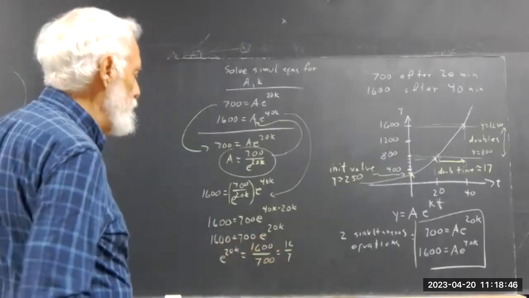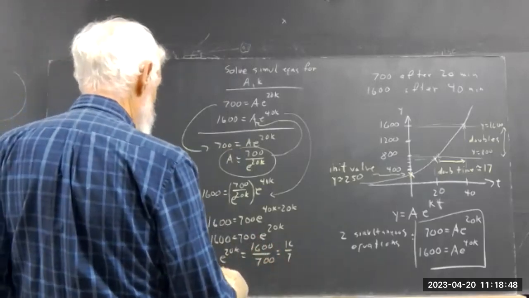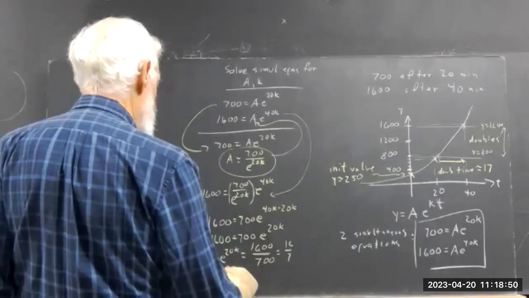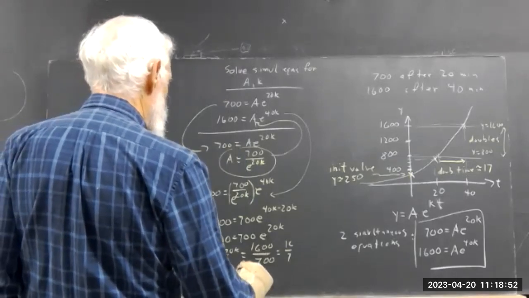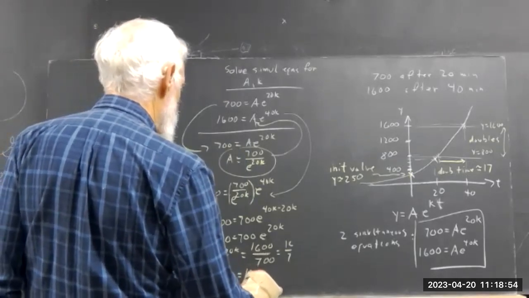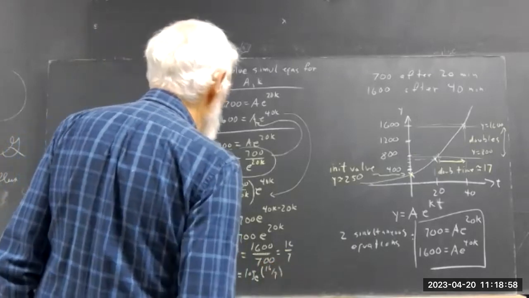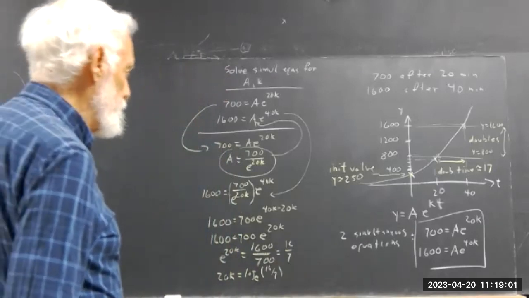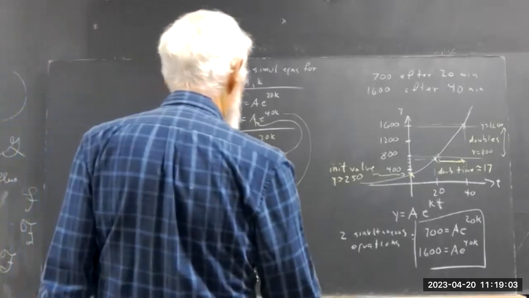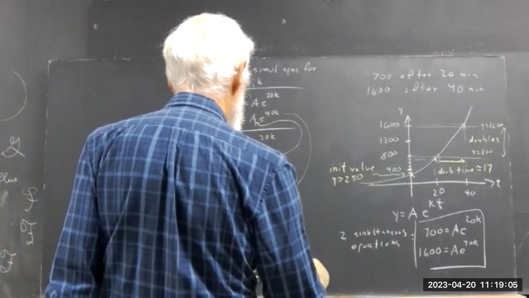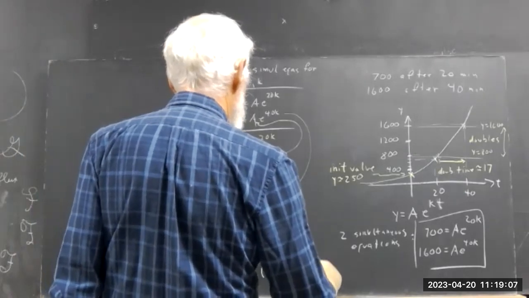We change this equation to logarithmic form, and we get 20k equals log base e of 16/7, which equals natural log of 16/7.